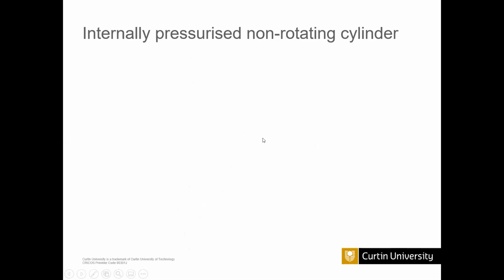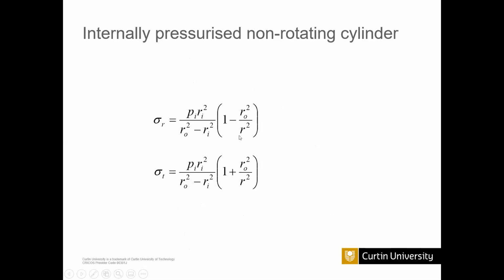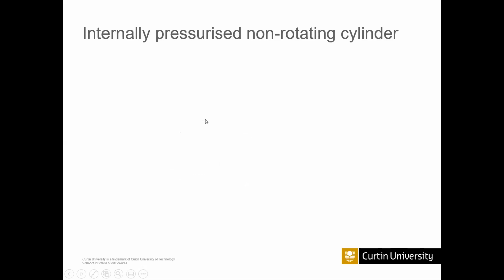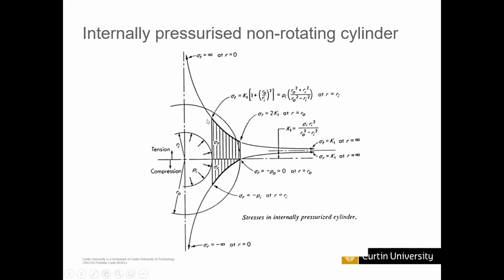What you need to do is use these two equations and put R equal to infinity. Then this will be 0, this will be 0, and this part remains. It is a constant, called kt. So this is the variation of the tangential stress and radial stress on the thick wall.